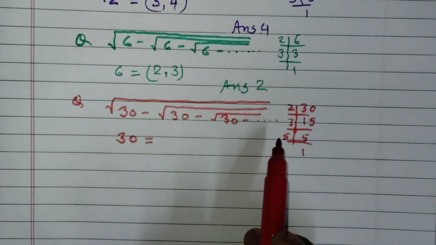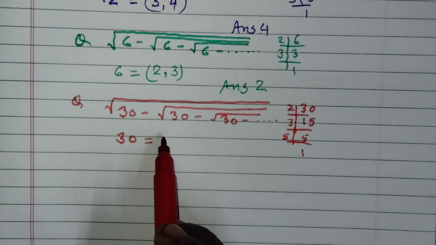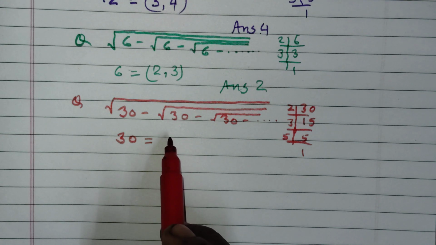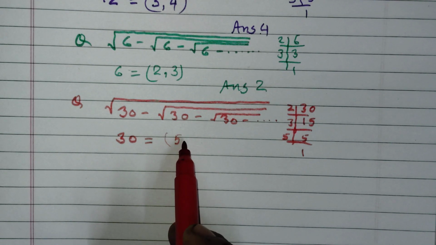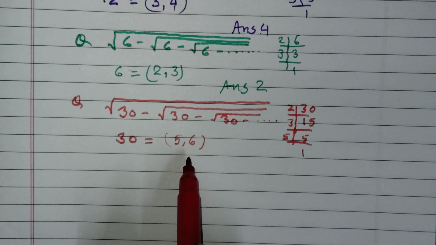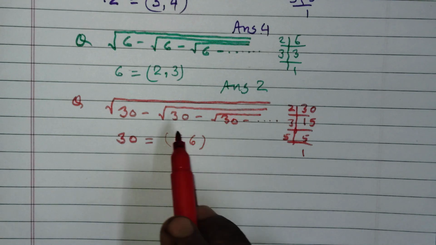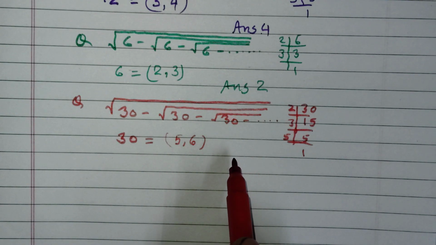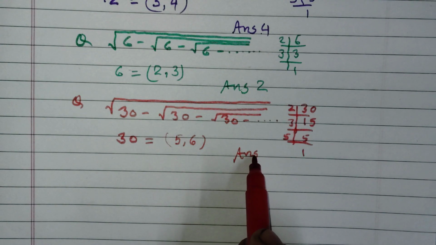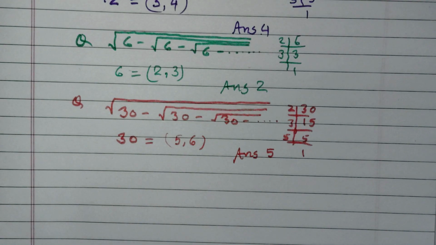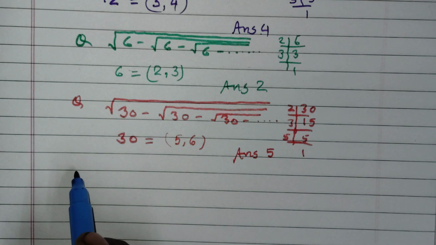Out of these factors we choose the pair with a difference of 1, that is 5 and 6. Since there is a minus sign inside the square root, the answer is the smaller factor, that means 5. 5 is our answer.